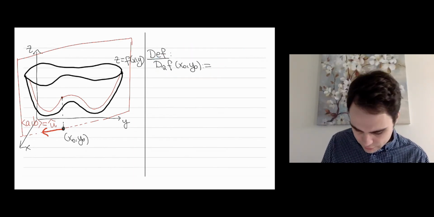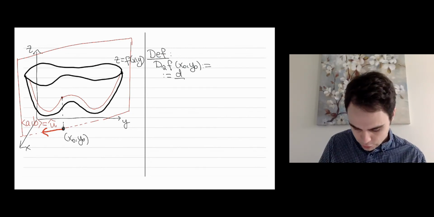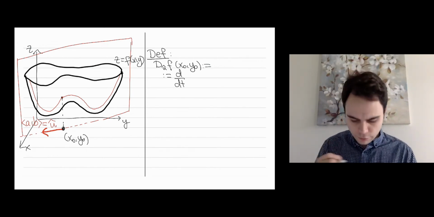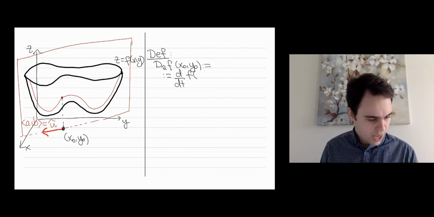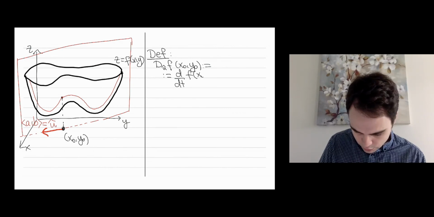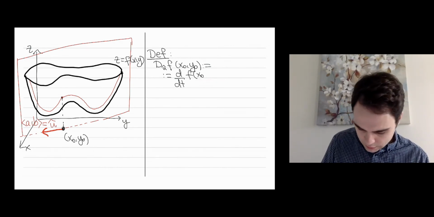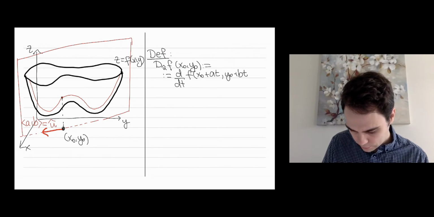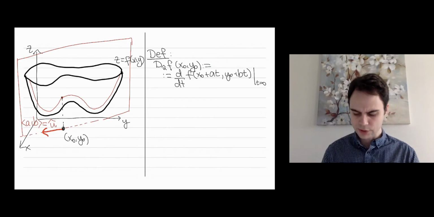It's an ordinary derivative of a function of a single variable. I'm going to give you a function of t and tell you to differentiate it. Here's the function of t: f of x0 plus at, comma, y0 plus bt. And then I'll differentiate this when t is equal to 0.